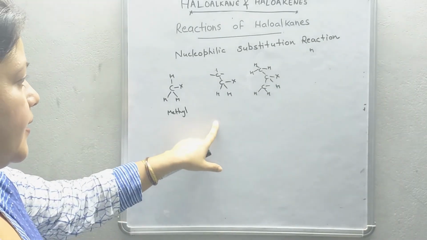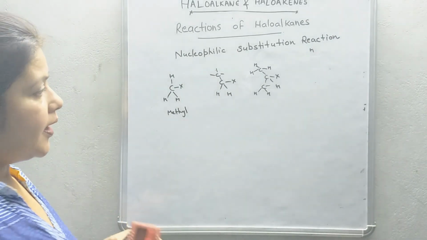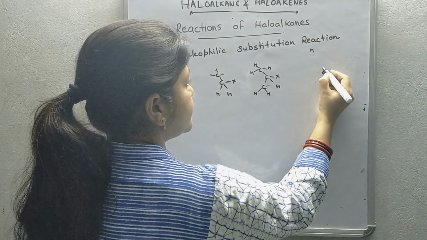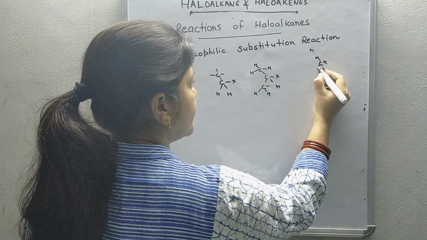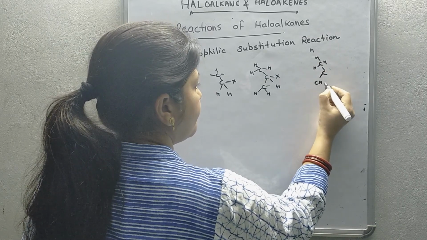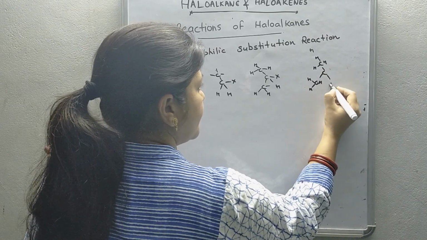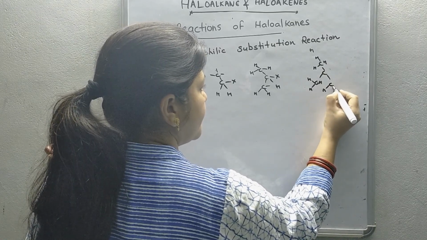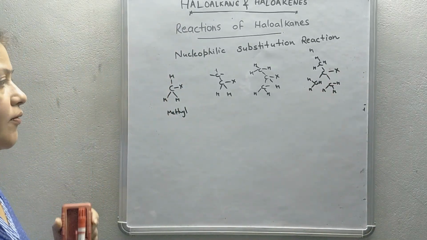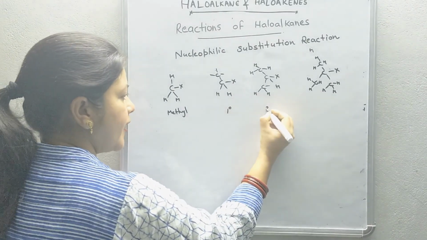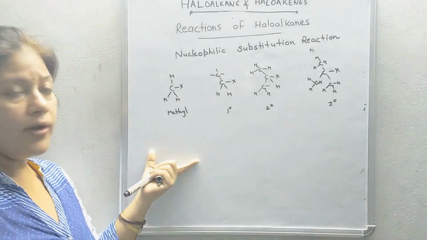Methyl, ethyl, propyl and butane. First degree, second degree, and this is third degree haloalkanes.